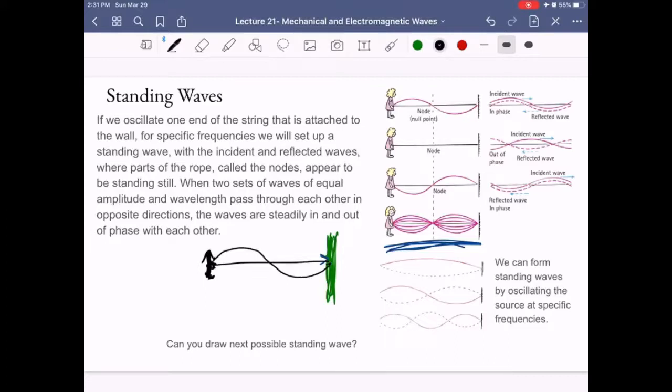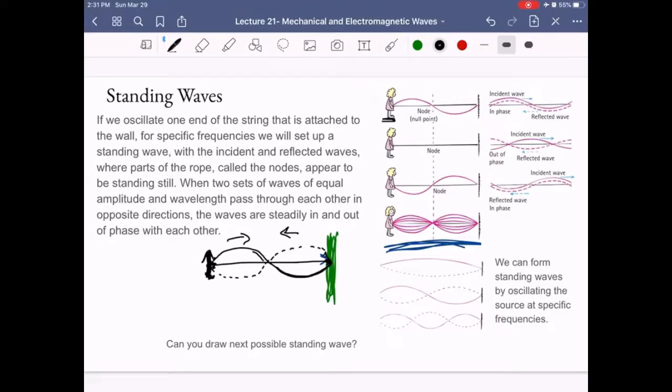So one wave going forward is reflected from the wall, and it's going back in such a way that it interferes with the original wave. And because its wavelength happens to be just right, it will interfere constructively and make a standing wave.